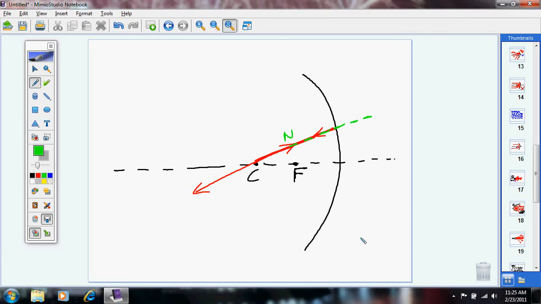Just like if you had a flat mirror like this, and here's the normal line, and if you threw a light ray and the light ray hit the mirror head on, just like that, how's it going to bounce back? Straight up. Same thing here. A light ray coming from the center of curvature hits head on, goes straight back. Yes, no, with me?